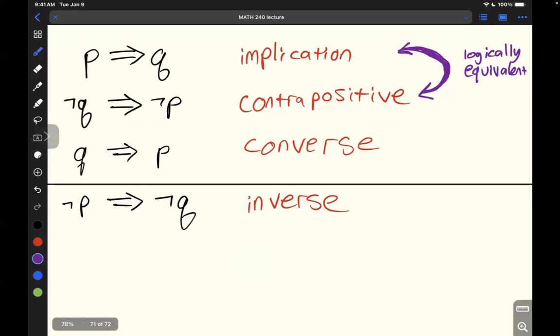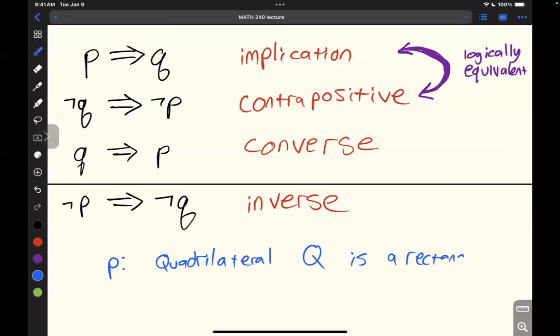Something like converse occurred. So let's see. The book's got P is quadrilateral, Q is a rectangle. And then the statement Q is that the quadrilateral has two pairs of parallel sides.